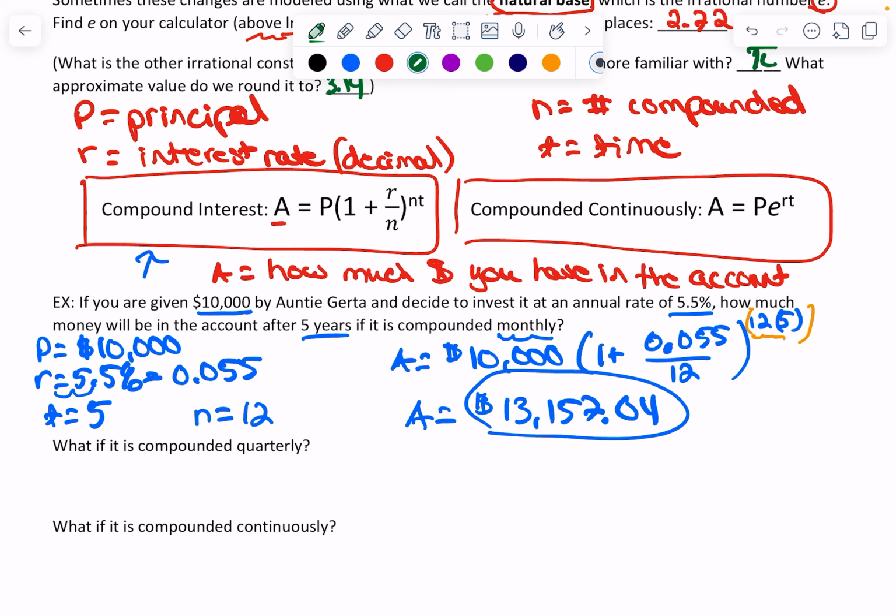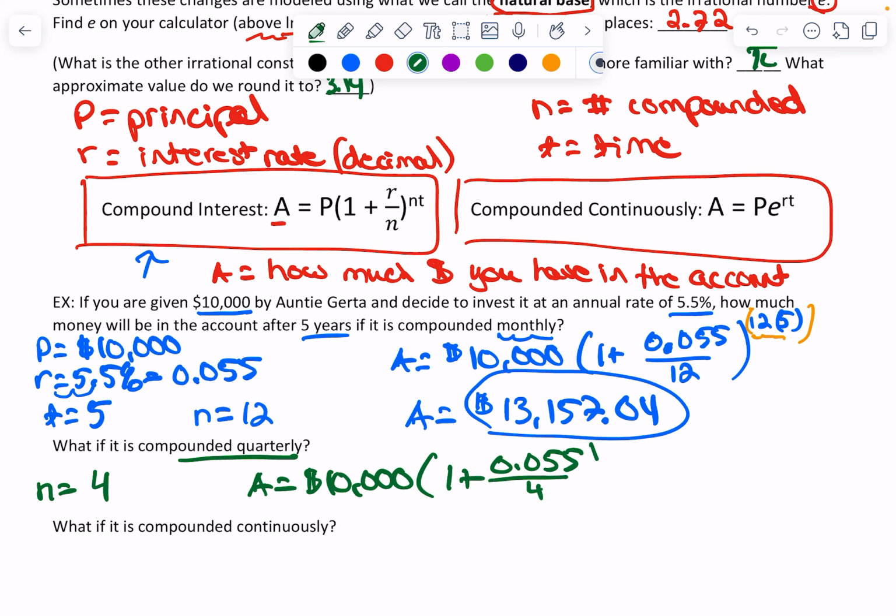Okay, let's look at compounding quarterly. Everything else stays the same. N is the only thing that changes right now. Quarterly, there are 4 quarters in a year. So A equals $10,000 parentheses 1 plus 0.055 divided by 4.